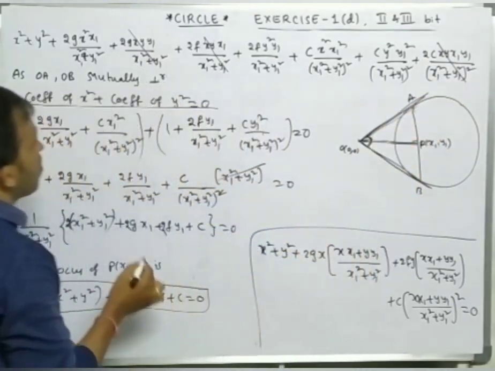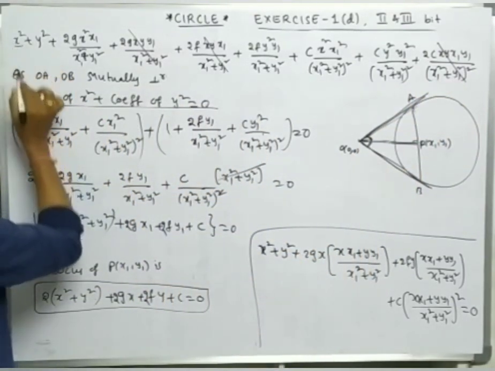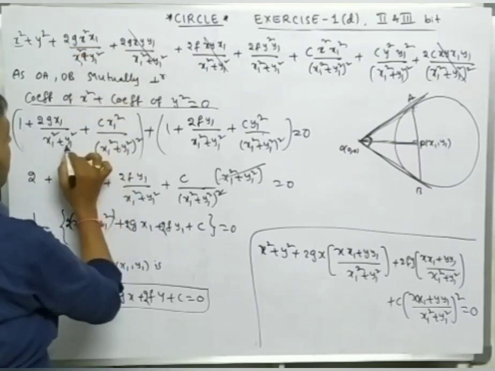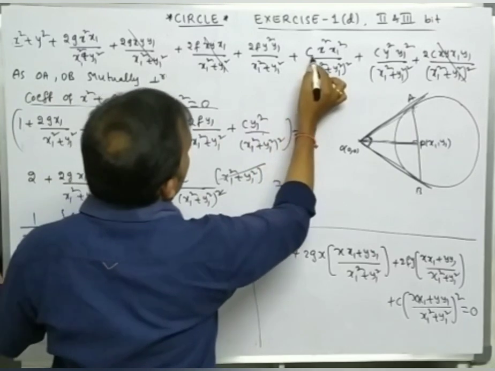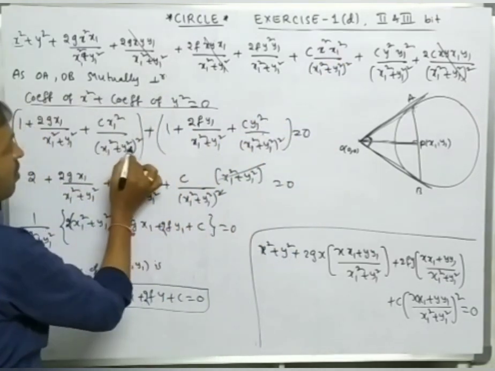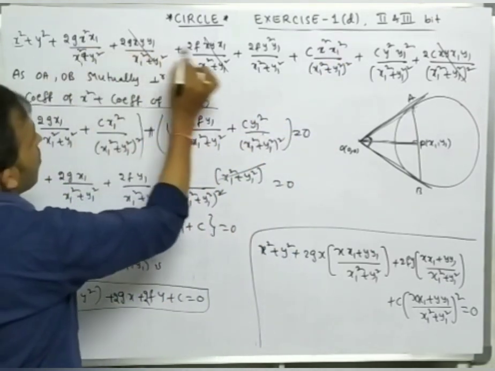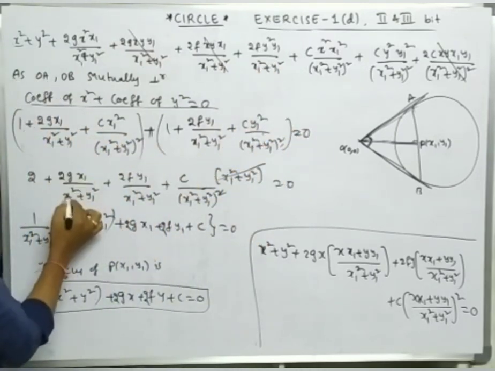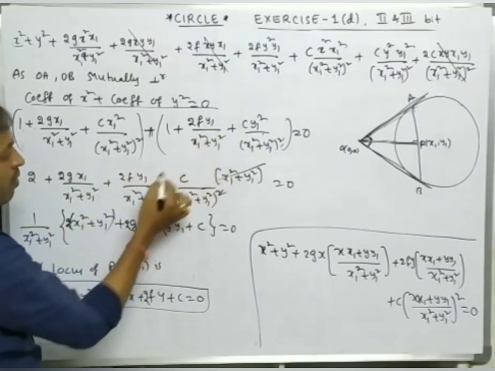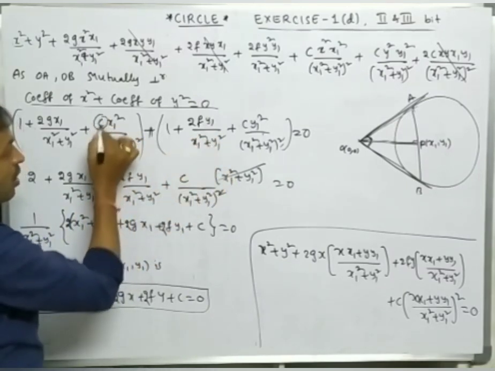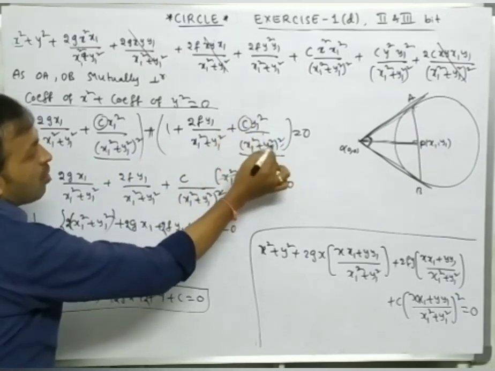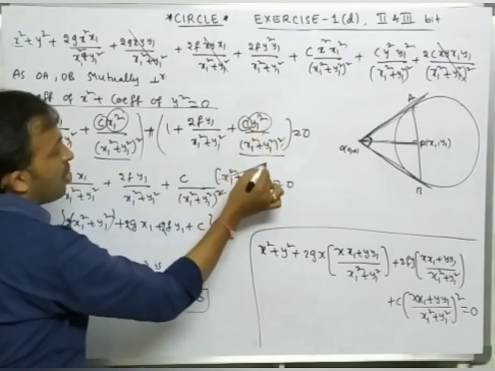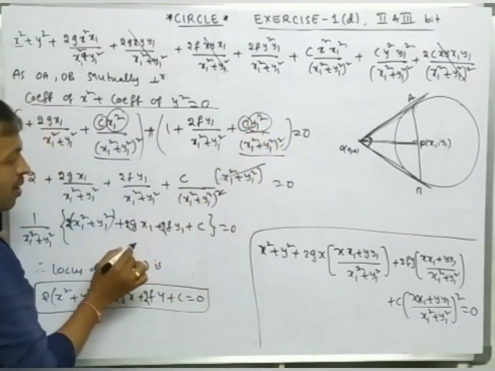We do not need the xy term. So the x square coefficient here is 1, plus in this one the x square coefficient is 2g x1 by x1 square plus y1 square. In this one, c x1 square by (x1 square plus y1 square) whole square. Similarly the y square coefficient, equal to 0. 1 plus 1 is 2, 2gx1 by x1 square plus y1 square, 2f y1 by x1 square plus y1 square. In this, c by (x1 square plus y1 square) whole square is common; here x1 square remaining, here y1 square remaining, both get cancelled, and 1 times x1 square plus y1 square is remaining.